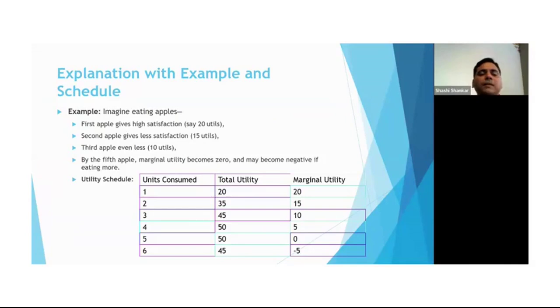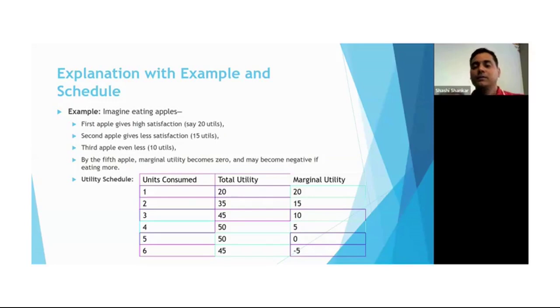The second apple gives less satisfaction because the first one was a temptation, maybe 15 units. The third apple gives even less, 10 units. By the fifth apple, marginal utility becomes 0, and may become negative if eating more.